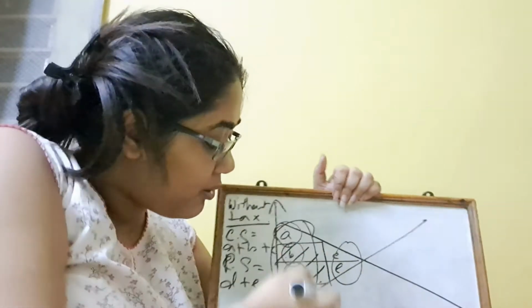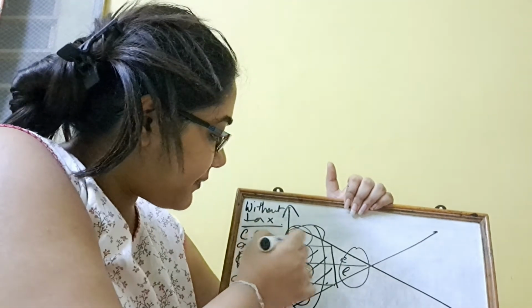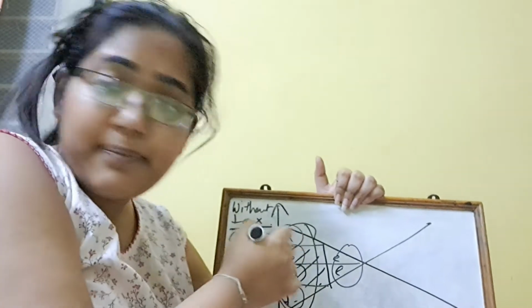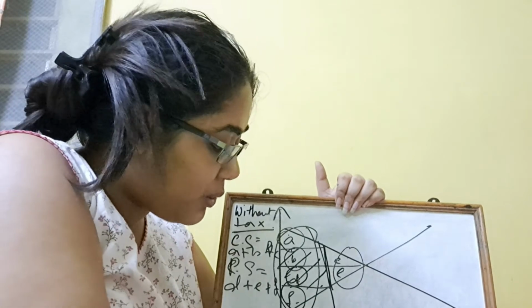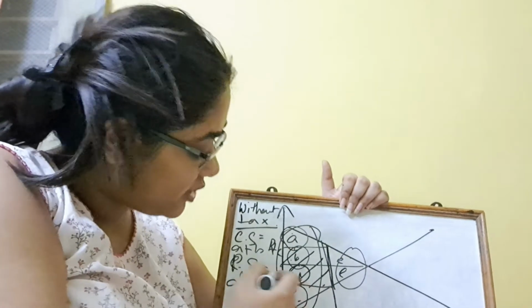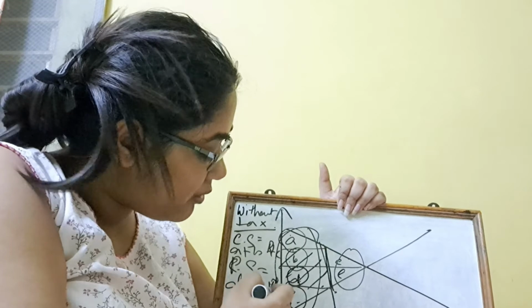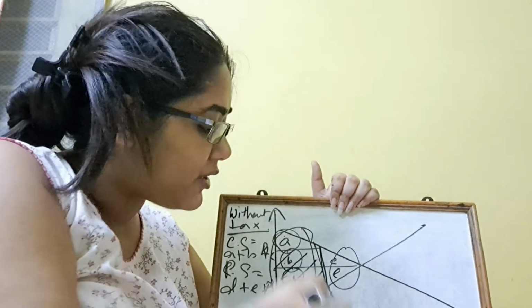Right? Now at price P1, the consumer is only willing to demand Q1, and the producer at such a lower price P2 is willing to supply only Q1.